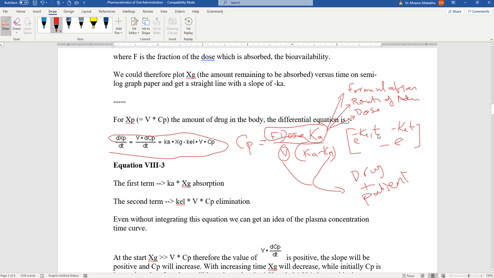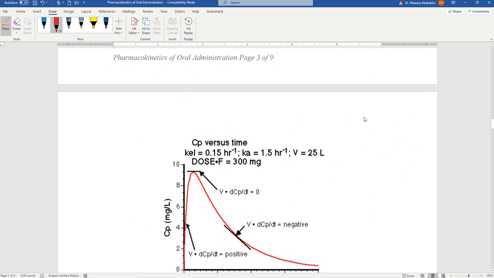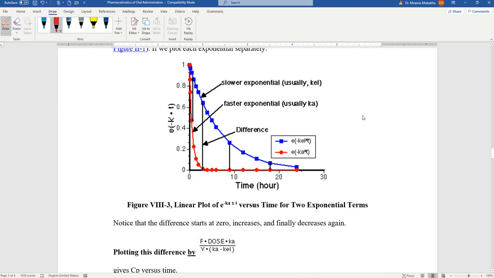But what about the time more than 0 and much less than infinity? During this we will have a difference. Let's look at a graph showing you the difference between e to the power of minus KL times T and e to the power of minus KA times T with time. Of course, here we are just assuming that KA is much larger than KL, and I want you to look at this graph.